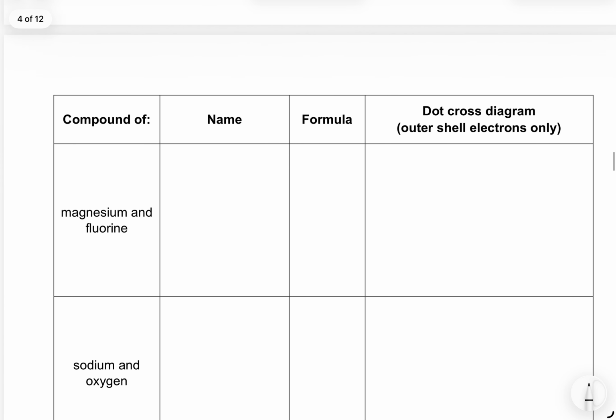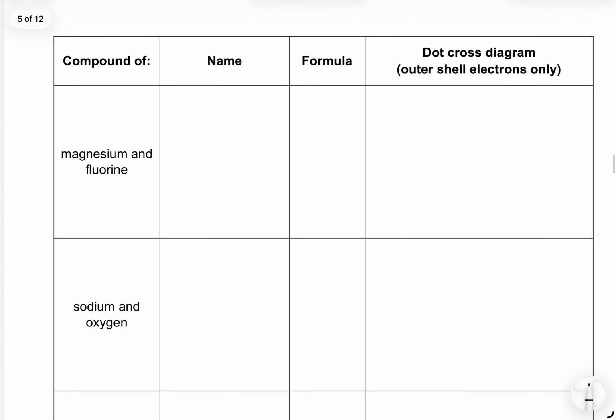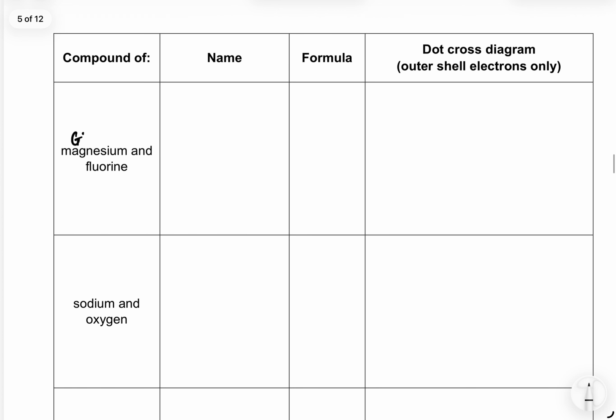So let's have a look at dot and cross diagrams showing outer shell electrons only. So if we were to look at magnesium and fluorine, magnesium is in group 2, fluorine is in group 7. So we know that magnesium will form an Mg2 plus ion, so it's going to lose its 2 outer shell electrons and have none, so become 2 plus.